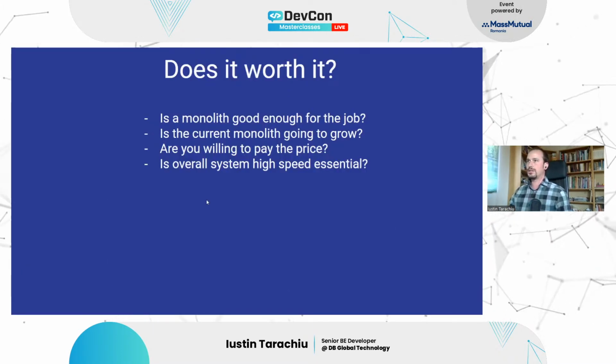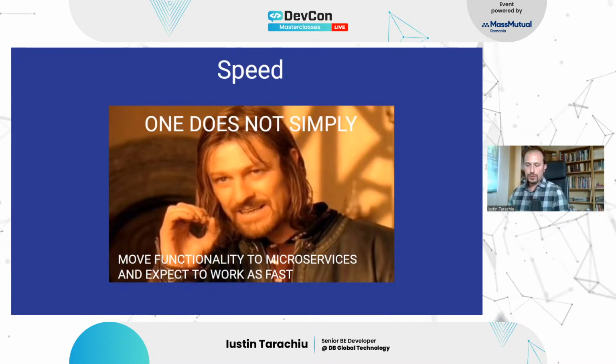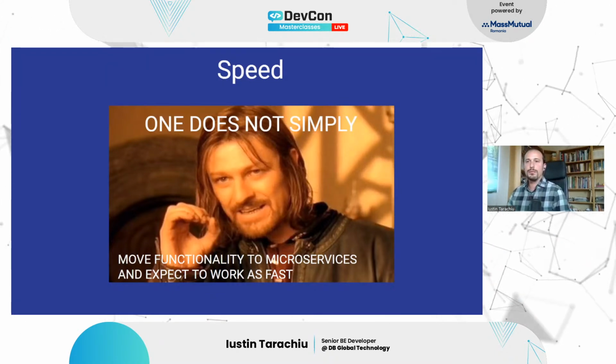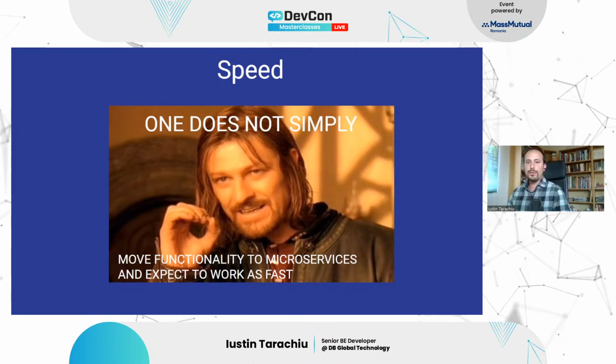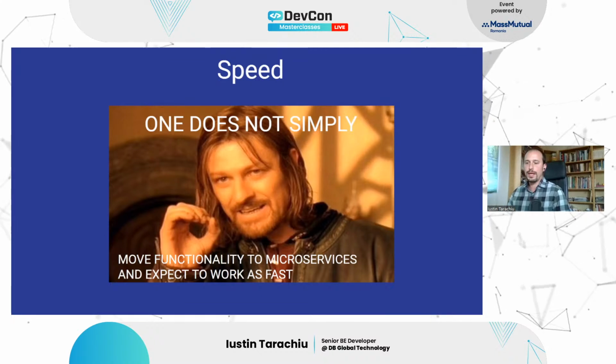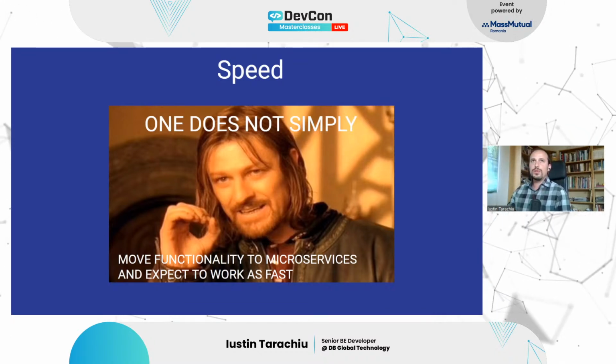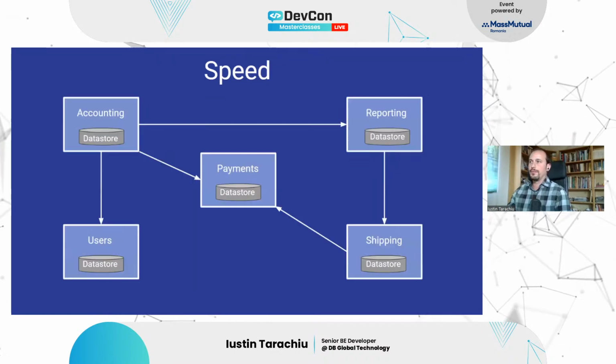Okay, so we said that the modules that we had before in the monolith are now extracted to some microservices, but we really have to understand that the overall speed is going to be affected. Why?